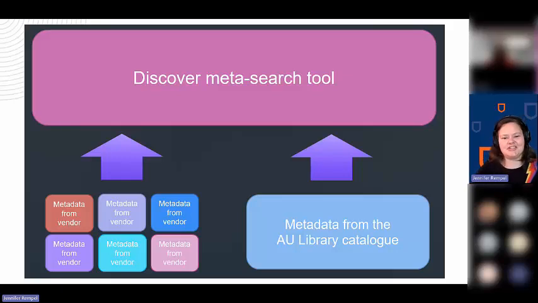Metadata is citation information. So we have our library catalog with our books and ebooks mostly, and then we have all of our vendors. Springer, Web of Science, Elsevier, Ovid, all of our different publishers publishing journals are called vendors. They provide metadata.